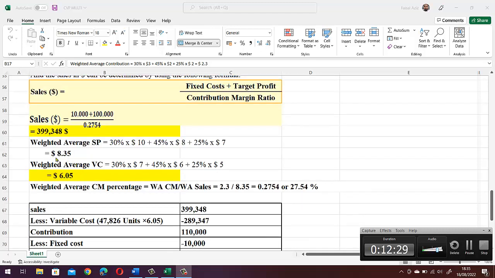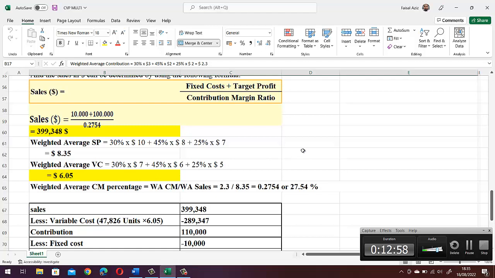The same method we will apply to calculate the weighted average variable cost. So we will apply the given weightages to the individual variable costs to get the weighted average variable cost. Now we have the weighted average selling price, which is 8.35, and here we have the weighted average variable cost, which is 6.05.